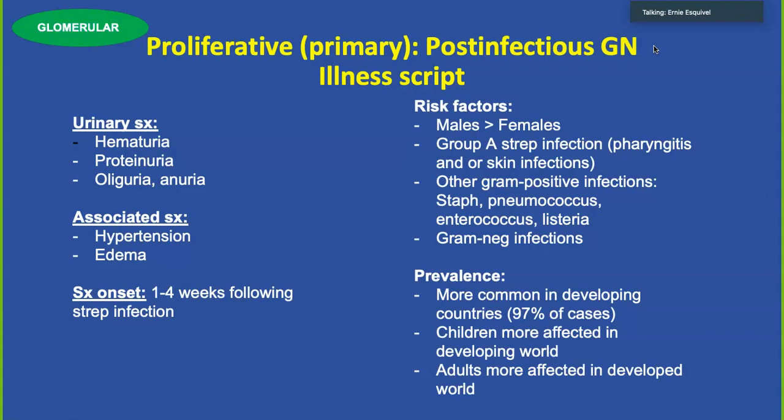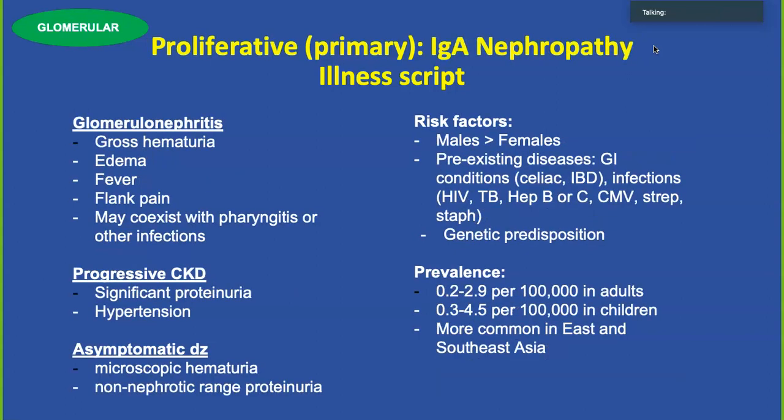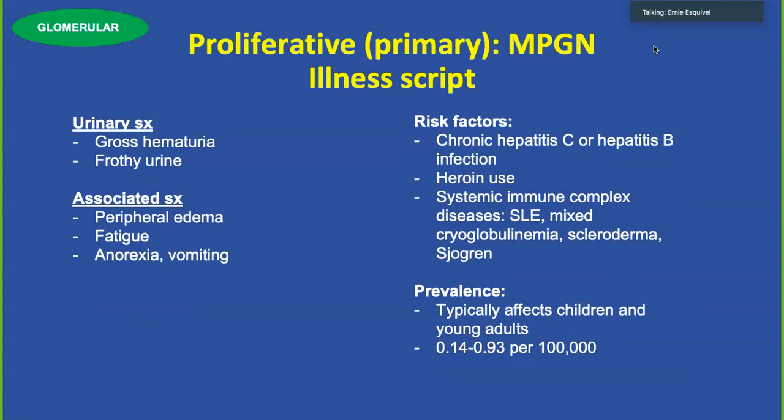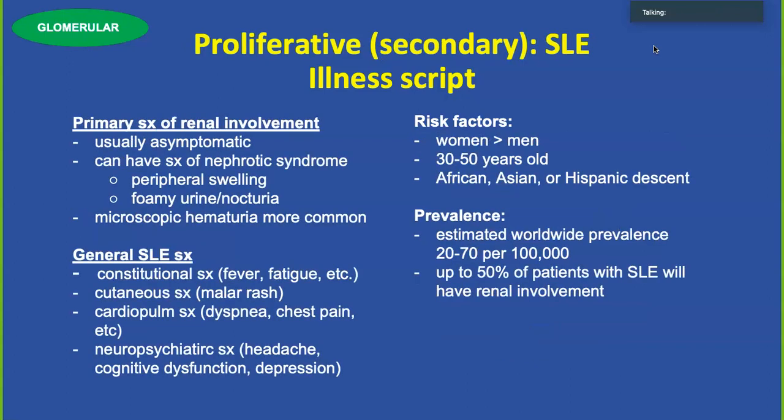So the rest of the slides are going to go through some of the more common glomerular diseases that you may encounter. And so we're going to save this for you to review on your own. So post-infectious glomerulonephritis, IgA nephropathy, membranoproliferative glomerulonephritis, for which it's important to assess for risk factors like chronic hepatitis C or Hep B, heroin use, and other systemic immune complex diseases.